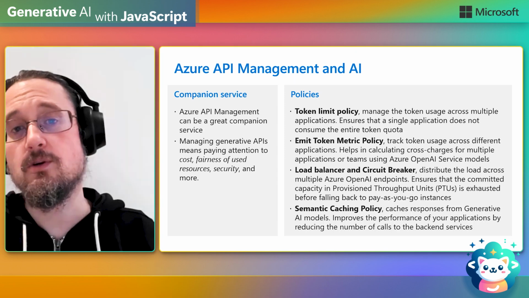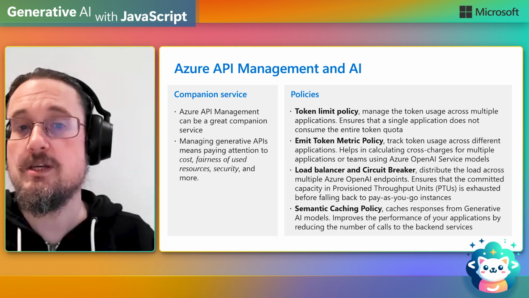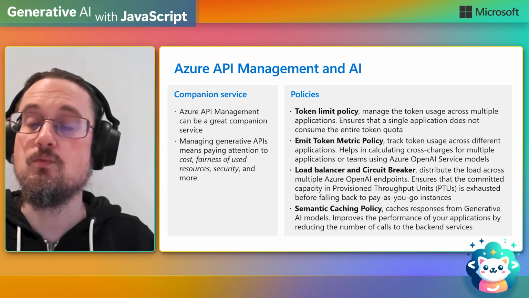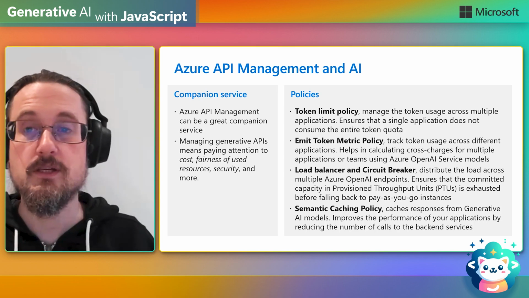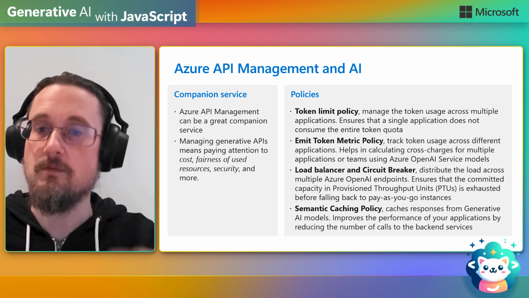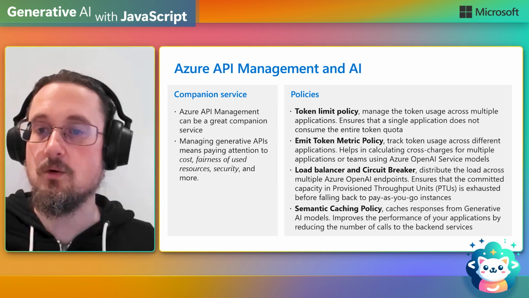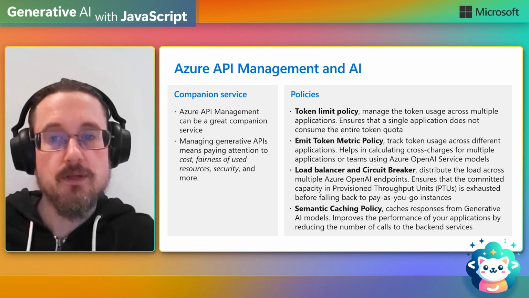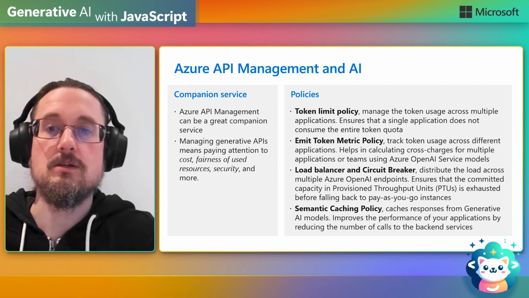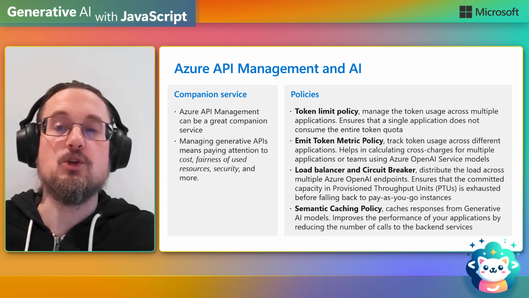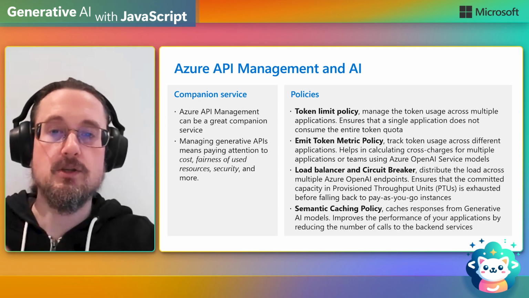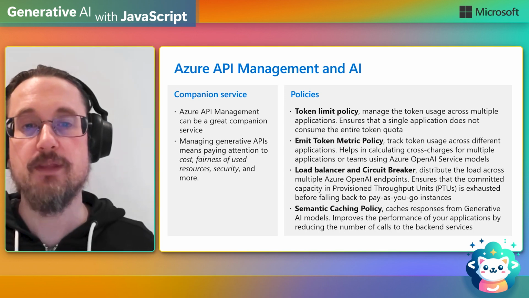For example, you've got the token limit policy, which means that you can ensure that not one of your applications takes all the resources, but you can say, hey, you over there, you get 25% or N number of tokens, and that's all you get in this time window. Then you can ensure that other applications trying to use that same Azure OpenAI resource have tokens ready and available for them.